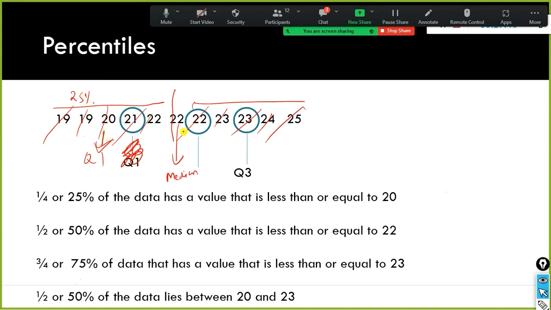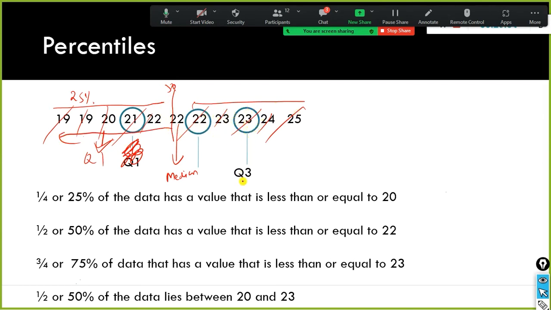Next, this is my 50th percentile: 50% of the data has a value that is less than or equal to 22. And then what is the middle value of these 5? 23.